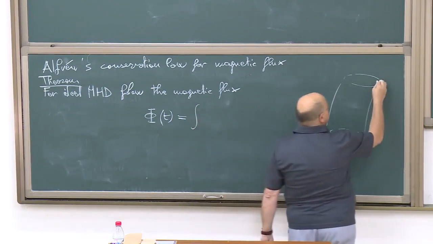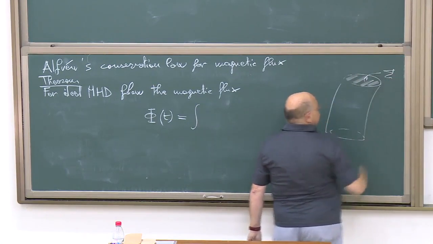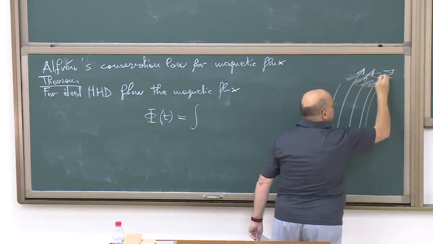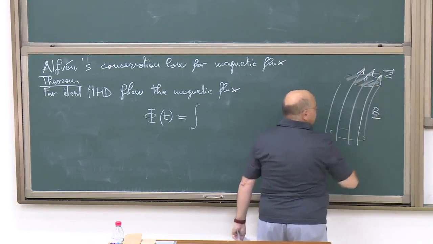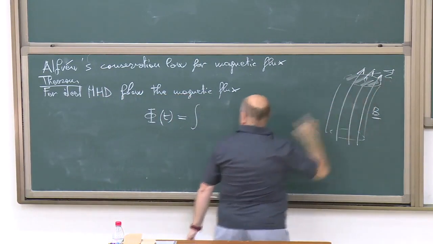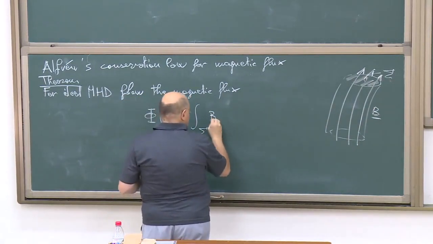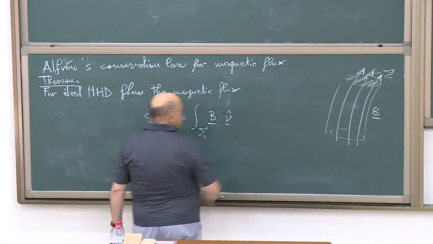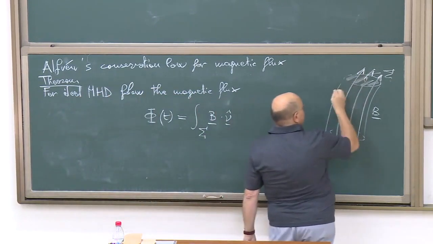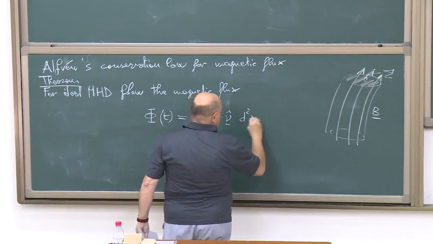But if I think of a tube and I refer to one of these cross-sections of this tube, and I think of the field lines B in this tube, then I identify this sigma with the domain cross-section: the integral of B dot nu, where nu is just a normal to the surface, d2x.